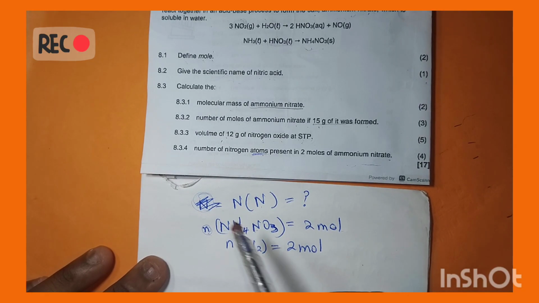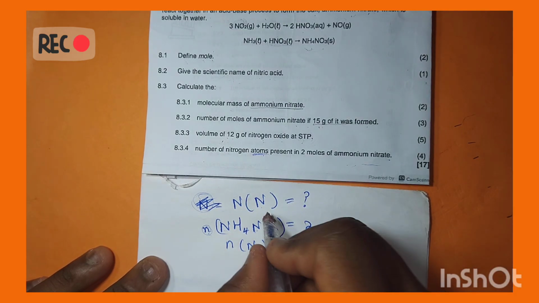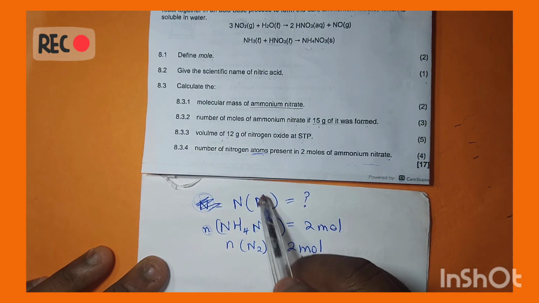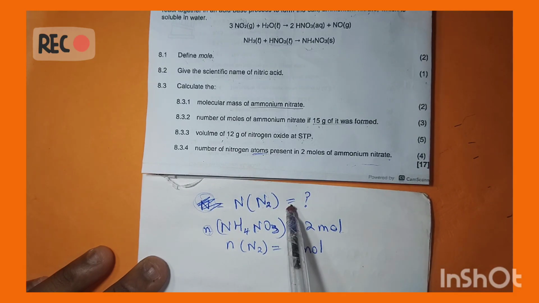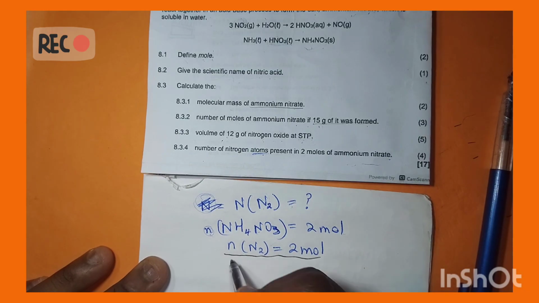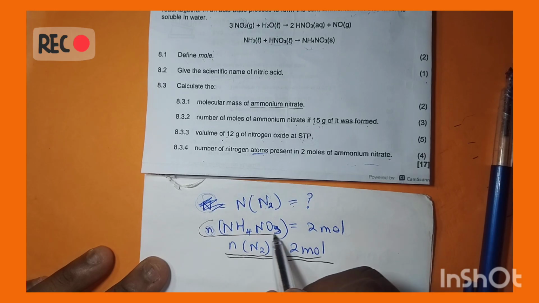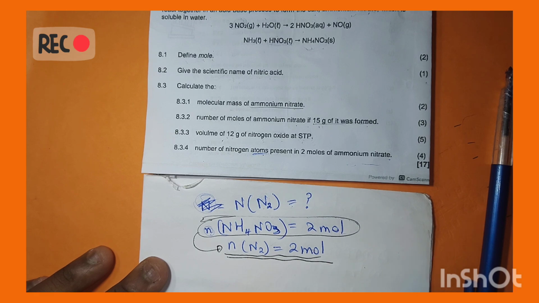And now what you should get is the number of nitrogen atoms present in this ammonium nitrate. So check the information they gave you. This is what they gave you, but not directly; they gave it according to this compound. But you take it just like that, and this is what they ask you to do.